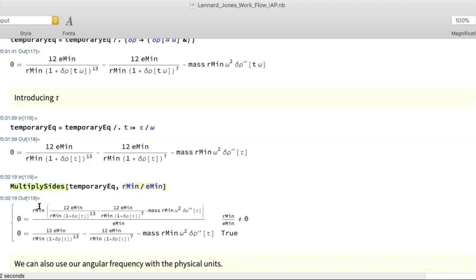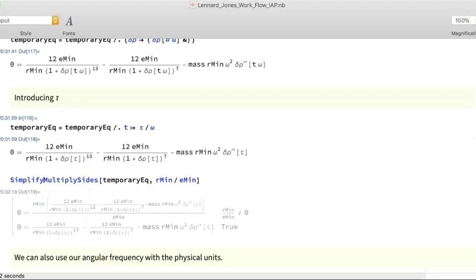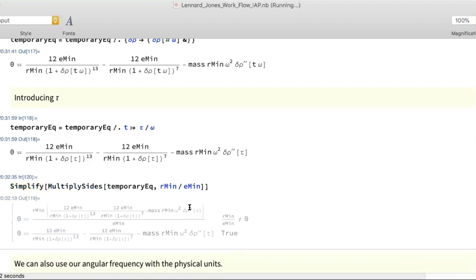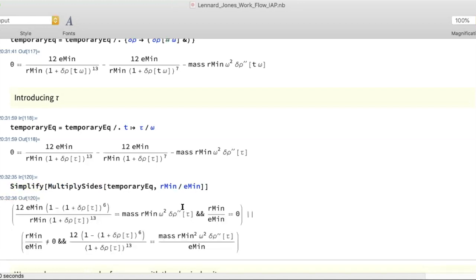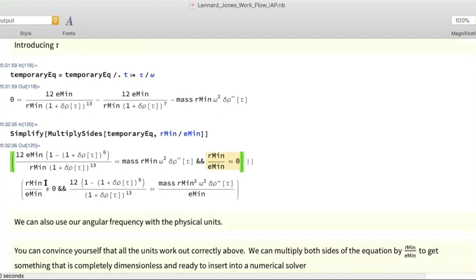It hasn't done the simplification yet. And so what I'm going to do is ask it to simplify. Right, so it did some simplification sitting inside here, but it also says that I have to assume that E min over R min is not equal to 0, and then that's my equation.